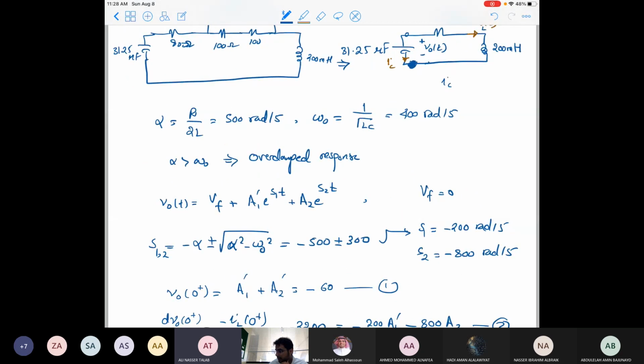If you apply it, you'll get IC plus IL equals 0, because they are both entering the node. So this implies that IC equals negative IL. So it's the same thing, right? Yes, it's exactly the same thing. Okay, thank you.